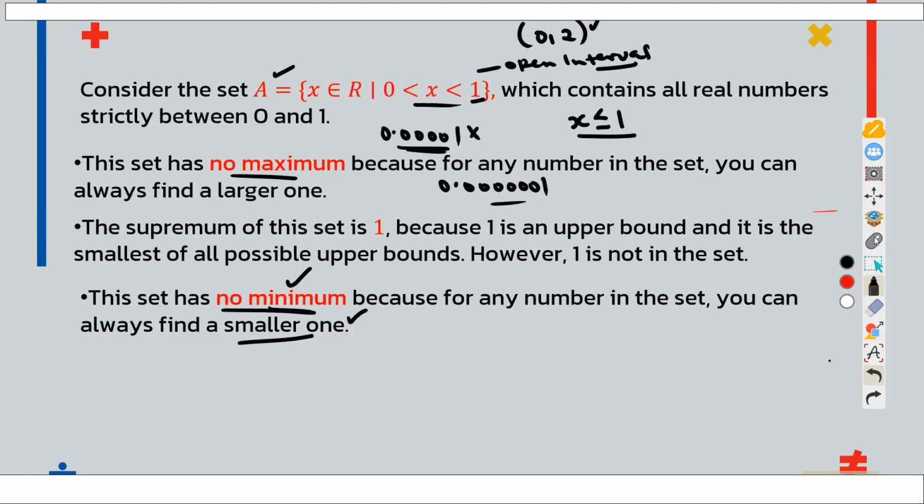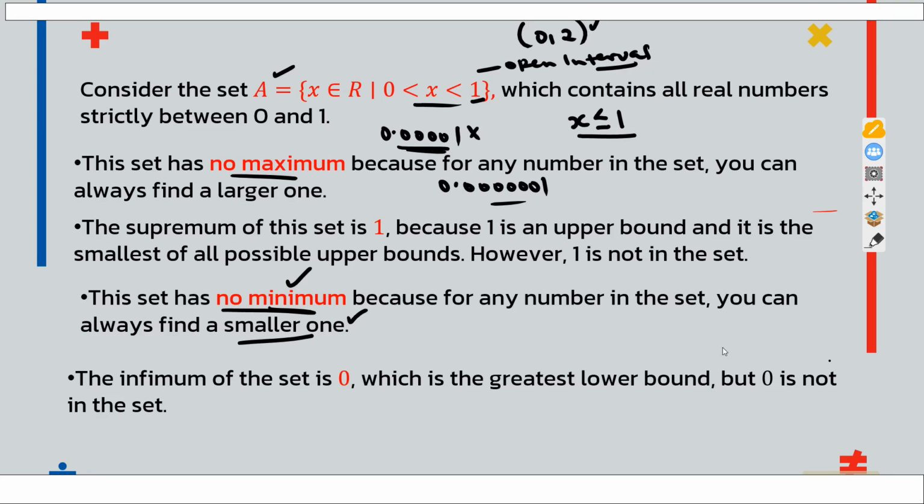But this same set has the infimum as 0, because this is the greatest lower bound, but 0 is not part of the set. To make it easier, whichever number you think of within this set will always be greater than or equal to 0. There is no other number.